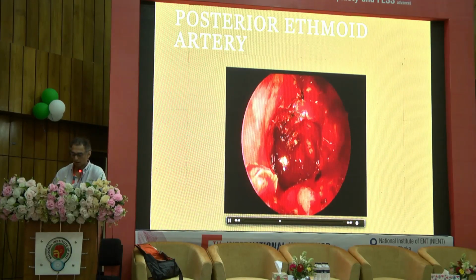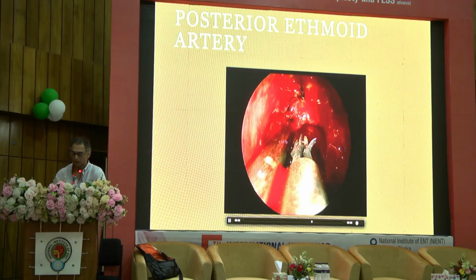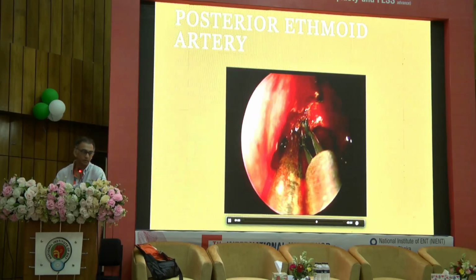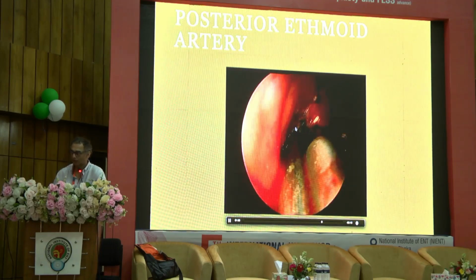So we got a third hand in, somebody to do suction, to be able to localize exactly where the bleeding is from and then cauterize it. If you have a suction bipolar, it's easy, but otherwise get the help of one more person and then cauterize it.